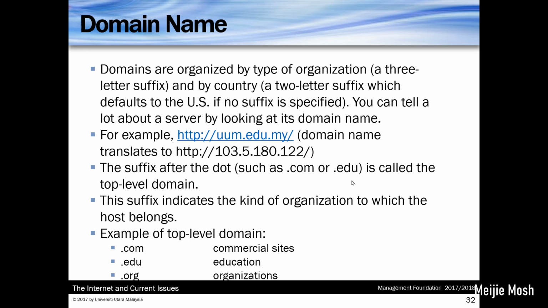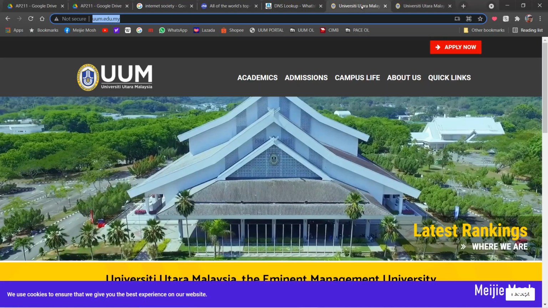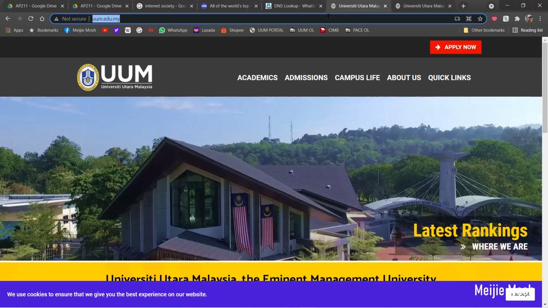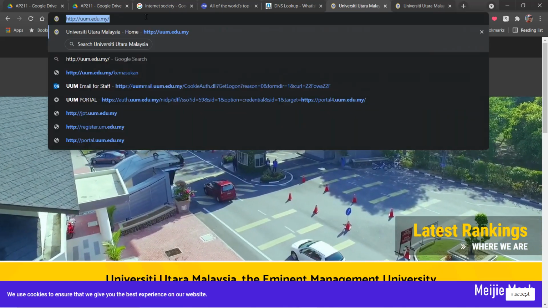An example, http://uum.edu.my, and this domain name translates to http://103.5.180.122. This is the website of UUM, where you can find the domain name is uum.edu.my.